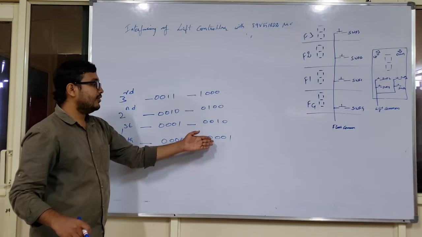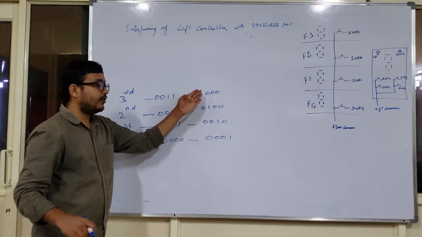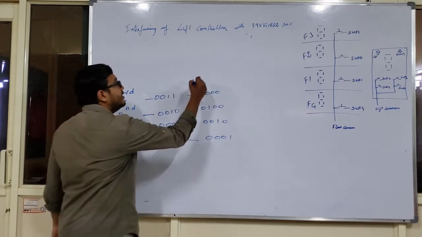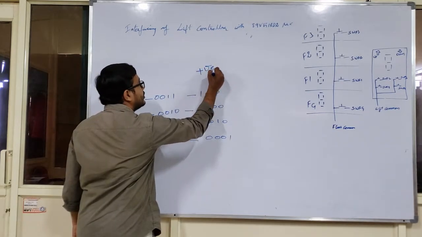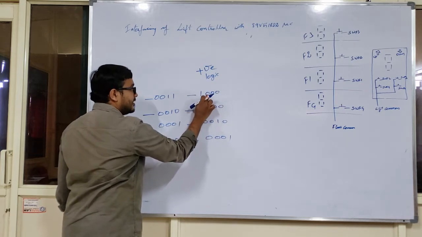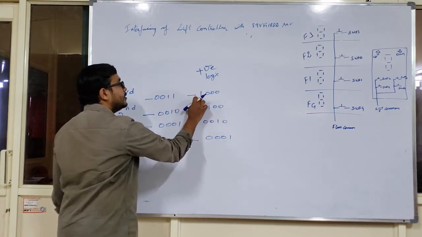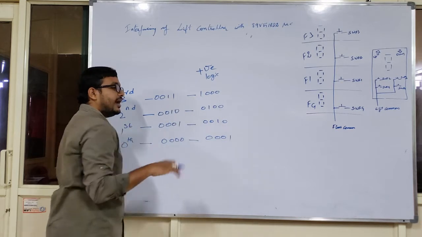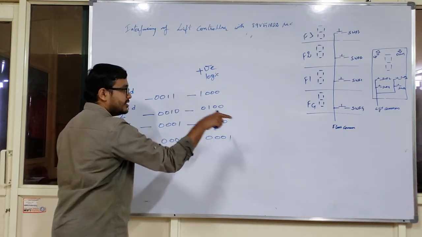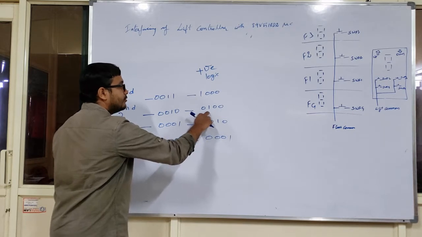This is the way if I follow the one hot assignment. I have used completely positive logic here, because there is a 0th bit, first bit, second bit and third bit. Whenever the third bit is on, my lift has to move to the third floor. Whenever the second bit is on, that means the second button is pressed, my lift has to move to the second position.